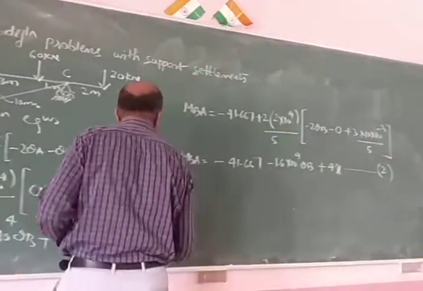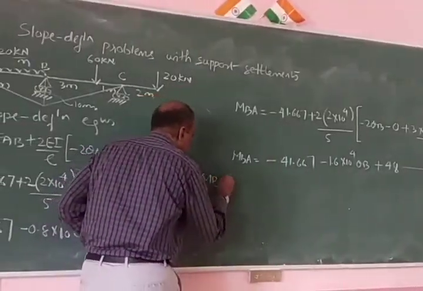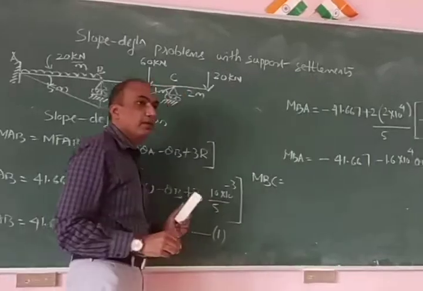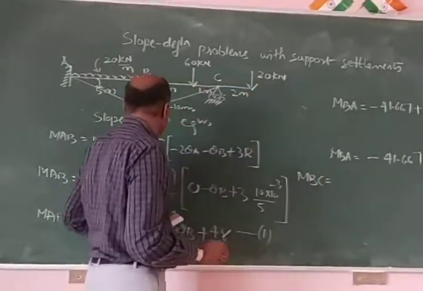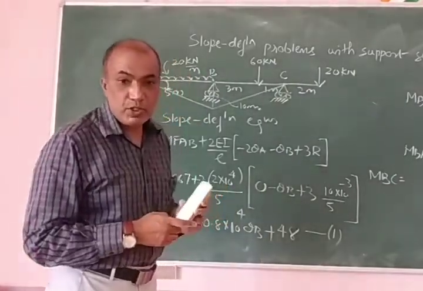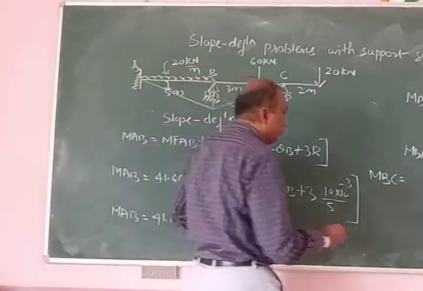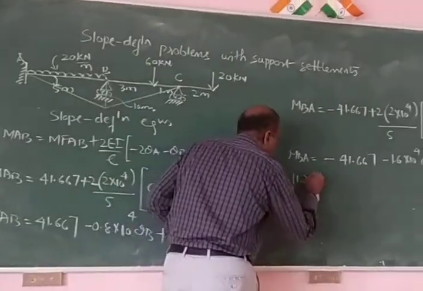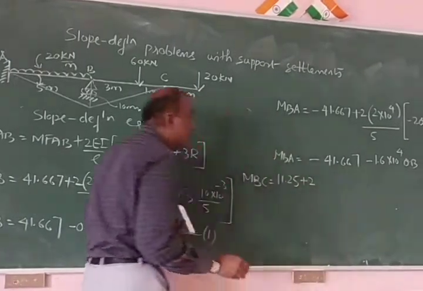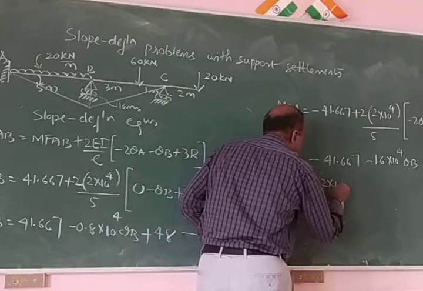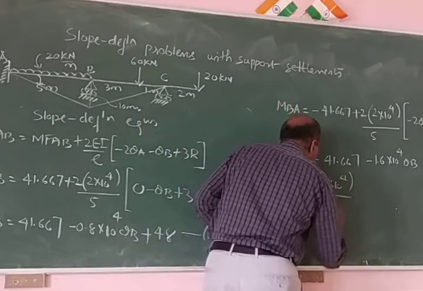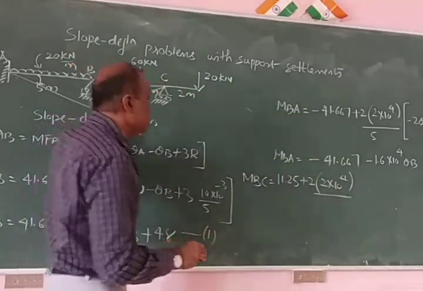Now MBC. What is MBC? MBC is MFBC plus 2EI upon L. MFBC we have already found out, the value is equal to 11.25 plus 2EI. We know EI is equal to 2 into 10 to the power 4, 2EI upon L of BC. L of BC is 4 now.